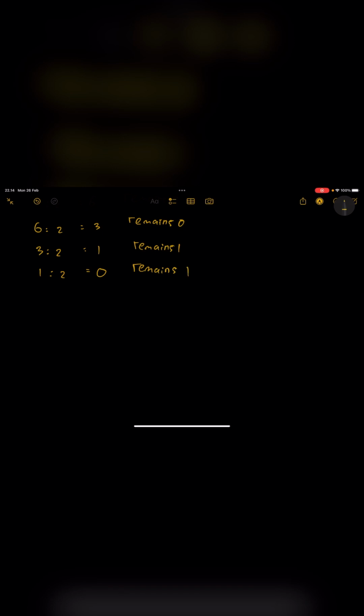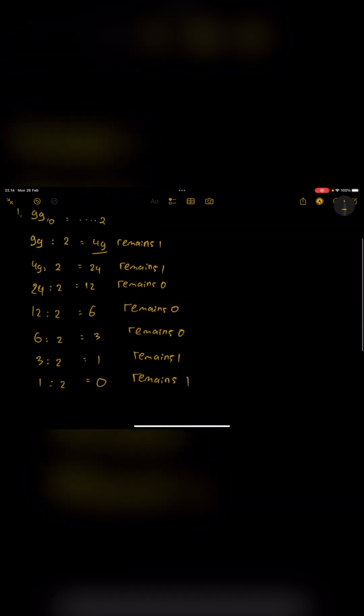So the top one will be the LSB, or the least significant bit, the bit that goes on the last one, or on the right. So we put it as 1 1 0 0 0 1 1.